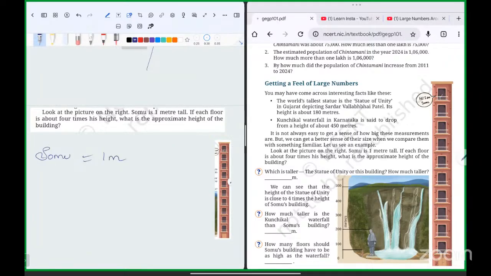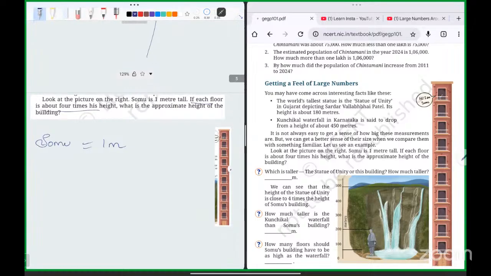So if each floor is about 4 times his height, 4 times his height is nothing but his height multiplied by 4. Then we will get the height of the floor. To find out the height of the floor, we must multiply the height of Somu by 4, because in the question it is given that each floor is about 4 times his height.